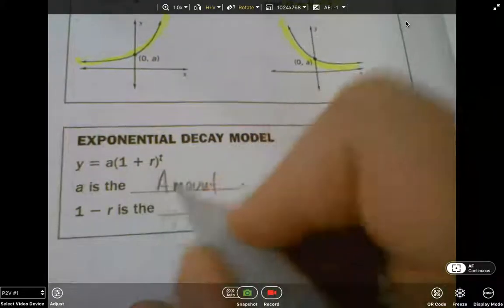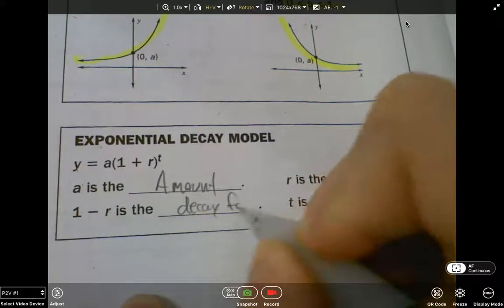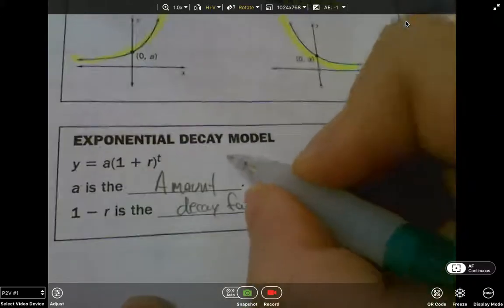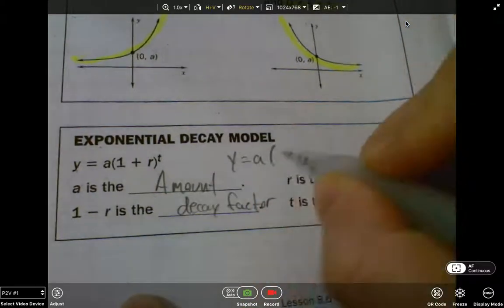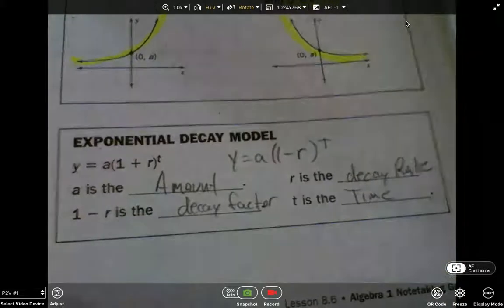But now instead of 1 plus r, you're going to do 1 minus r. That's your decay factor. So really, you're going to be using y equals a times (1 minus r) to the t. So here's an example, and then we'll have you do the last couple checkpoints.